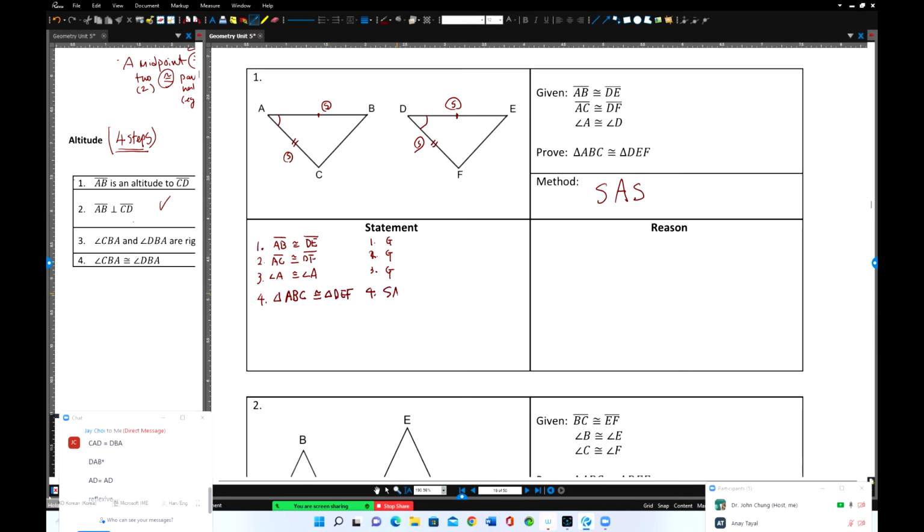Side angle side, or congruent, the other side angle side. Well done. You can use this one, or side angle side, congruent side angle side.